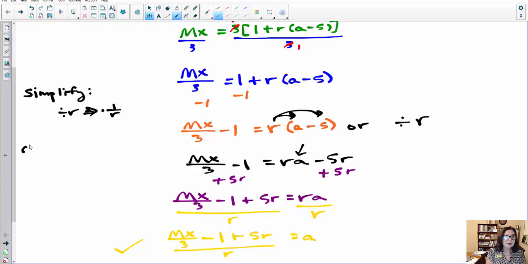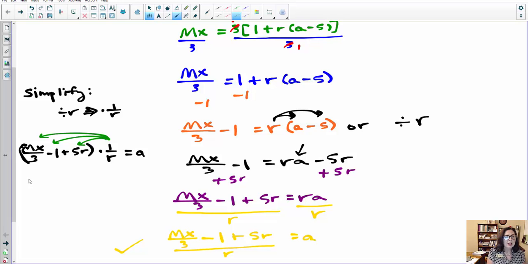So I could say we have mx divided by 3 minus 1 plus 5r, dividing by r is the same as multiplying by 1 over r. All of this is still equal to a. I will distribute my 1 over r times each of the terms.